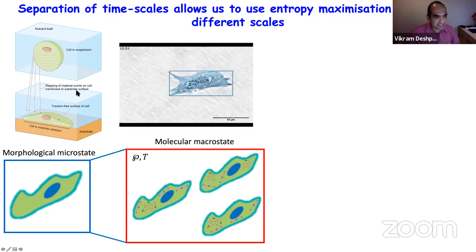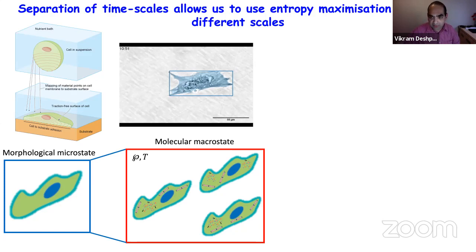So let's now take hold of a single morphological microstate, which for all practical purposes, though it's not an exact thing to say, let's assume basically represents the shape of a cell. So it's one of these shapes, but it actually also means the internal strain state as well. It's not just the external shape of the cell. So we take one of these shapes and ask what are all the possible arrangements of molecules inside it.